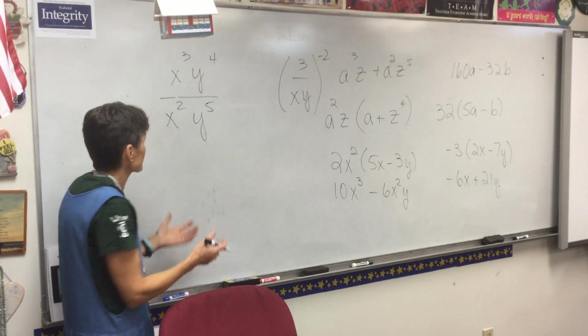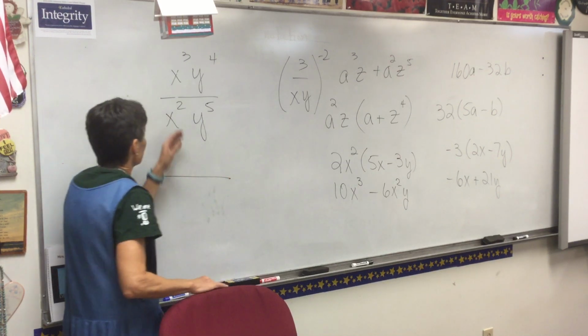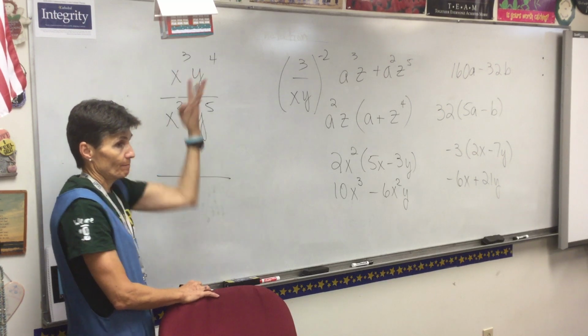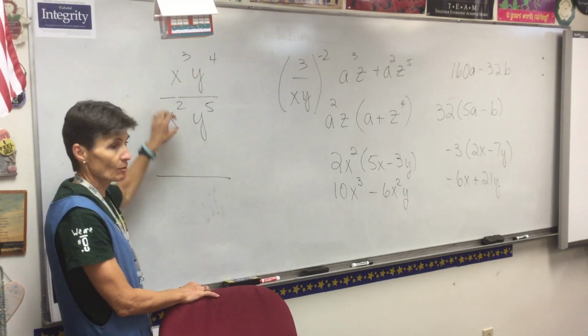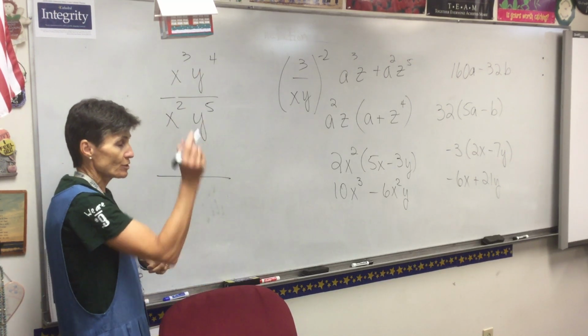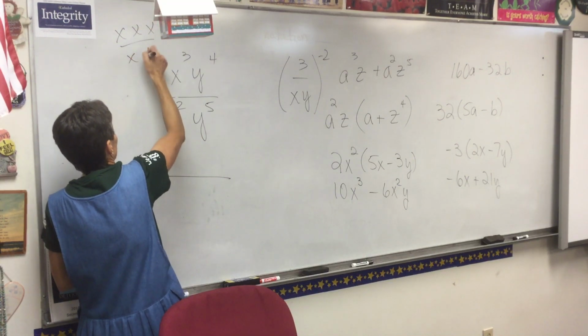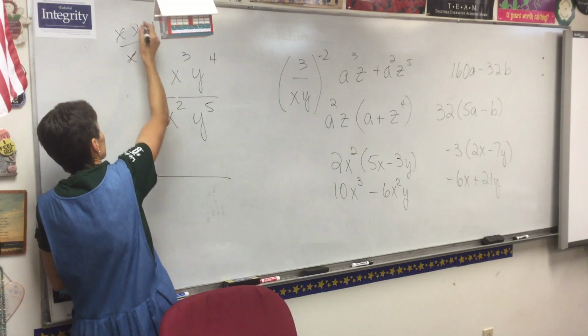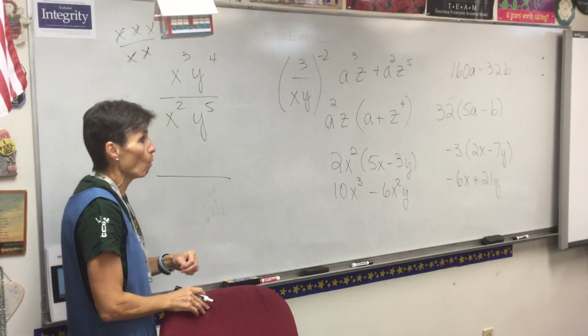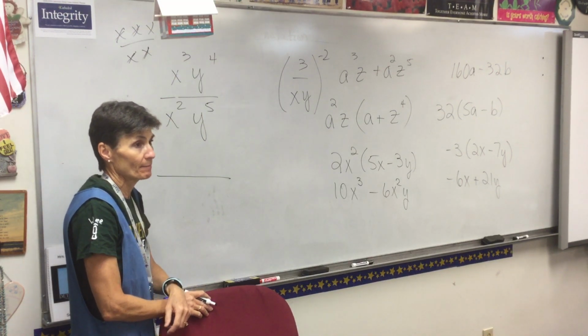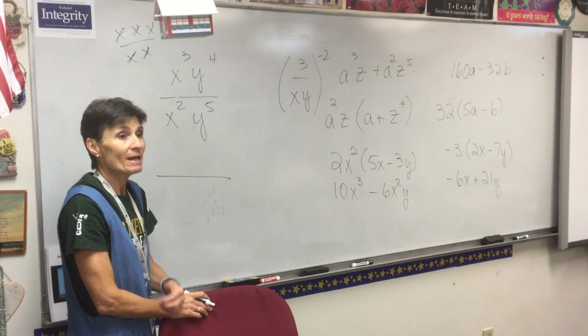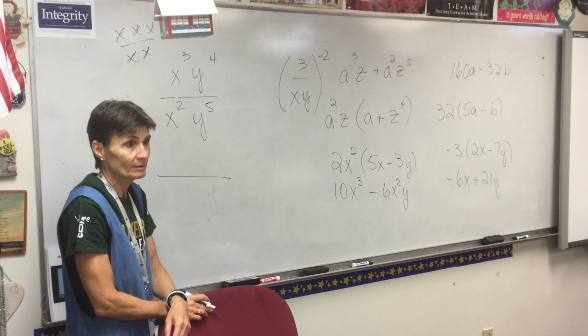Here's the common sense. Look at your x's. How many x's are on the top? How many x's are on the bottom? 2. So when you start canceling, you've got 3 x's over 2 x's. Who has more x's, the top or the bottom? The top. How many more does the top have? 1.